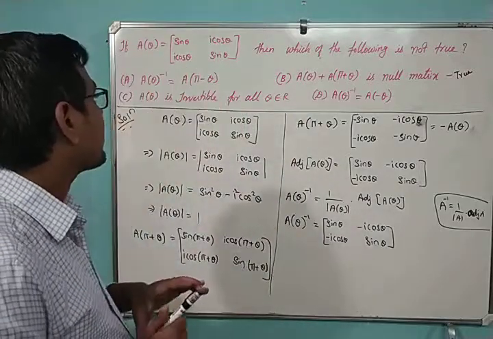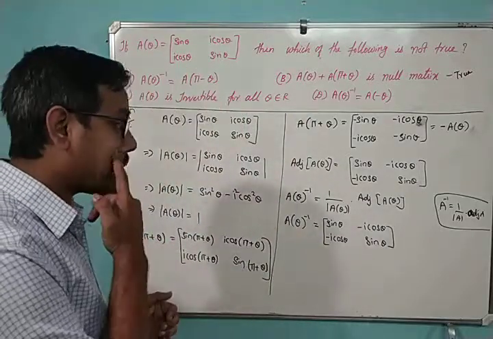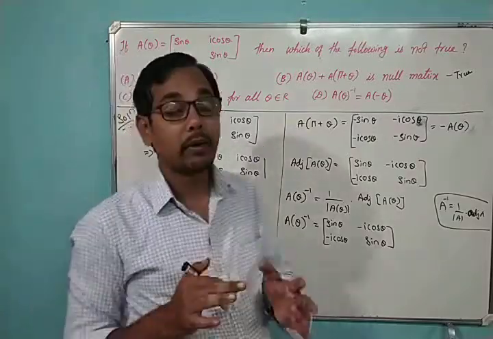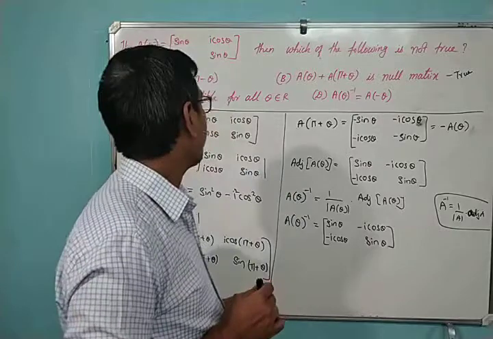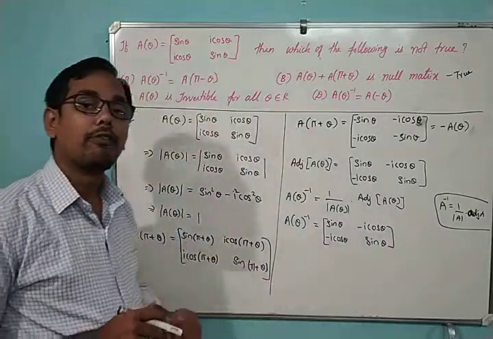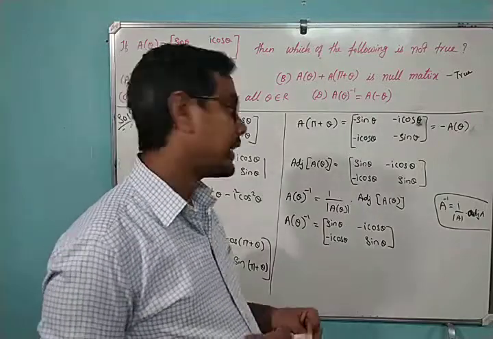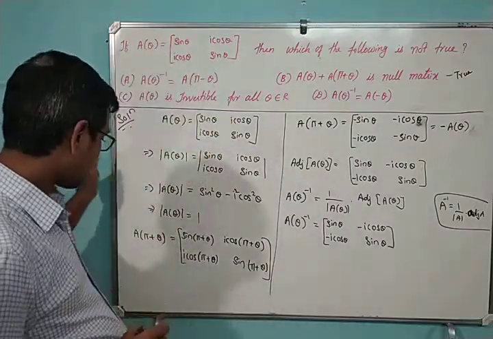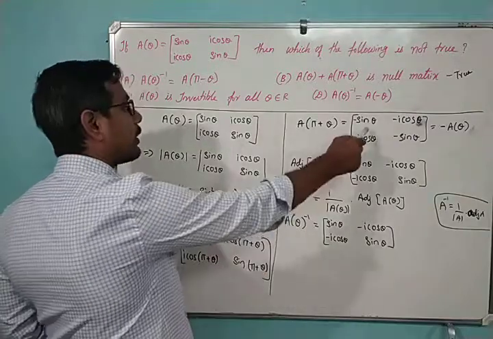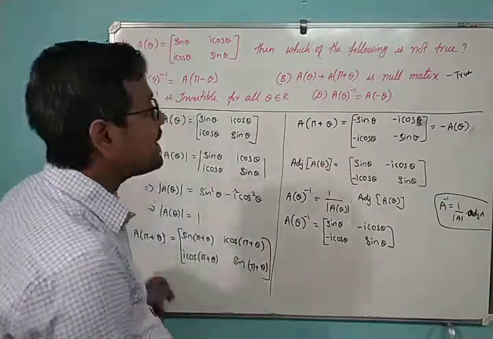And cos theta can also be written as minus of cos of pi minus theta. Here we have written sine of pi plus theta as minus sin theta.